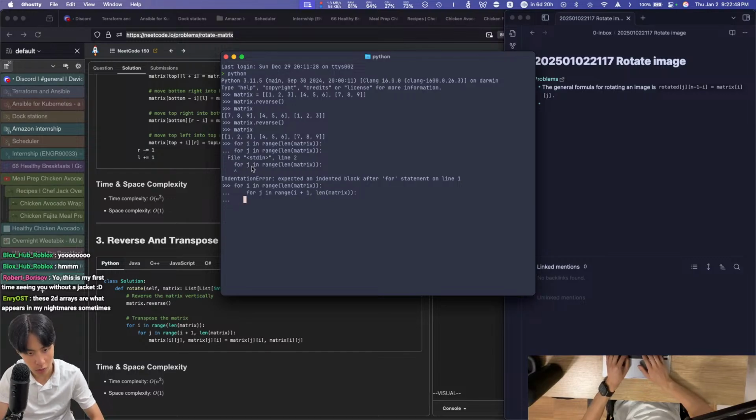Let's see. Oh, that does seem a little too much. And then you're doing matrix ij, matrix ji is equal to matrix ji, matrix ij.